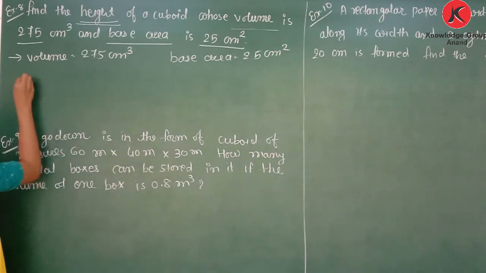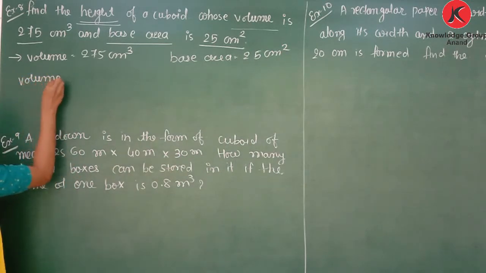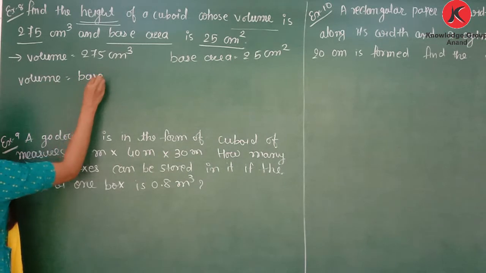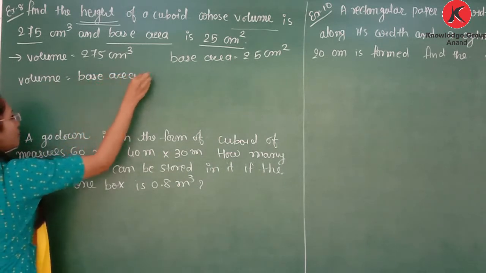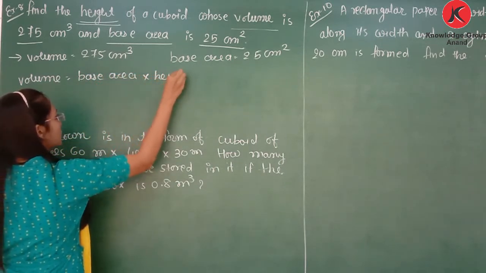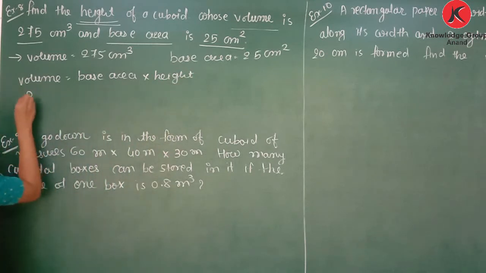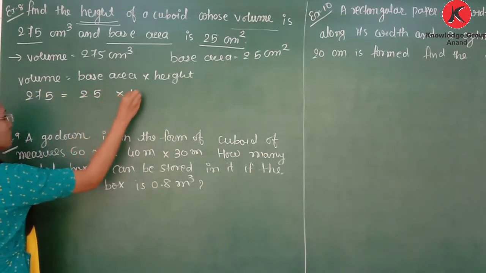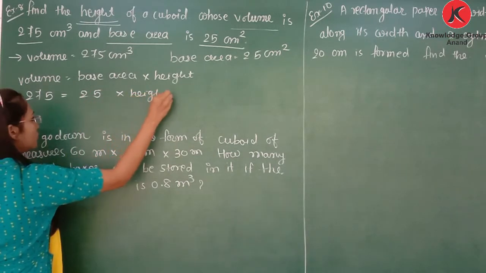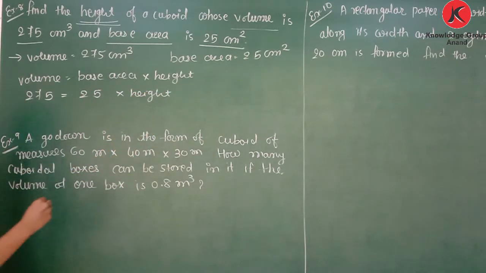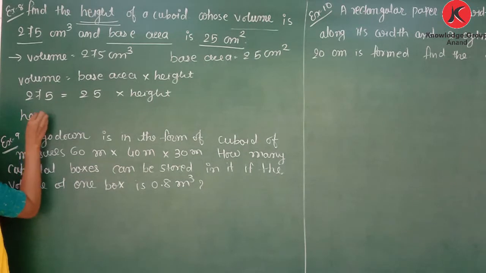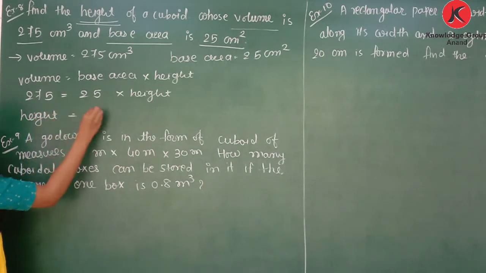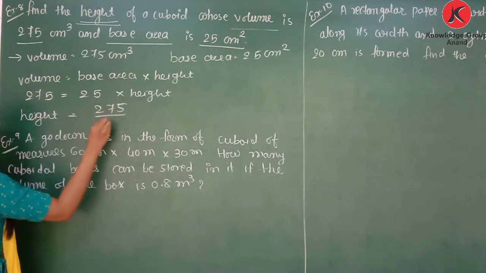So the equation: volume is equal to base area multiply height. Now volume is 275, base area is 25, and height we need to find. So take 25 and divide. So height is equal to 275 divide 25.